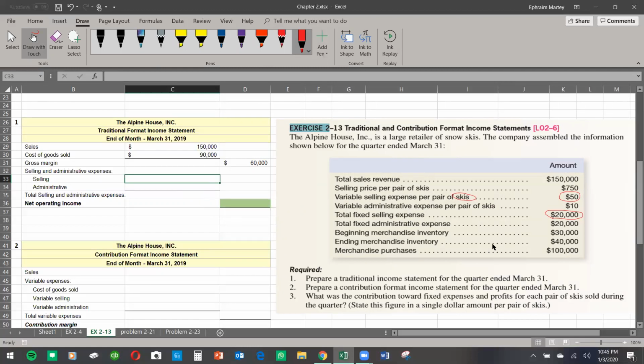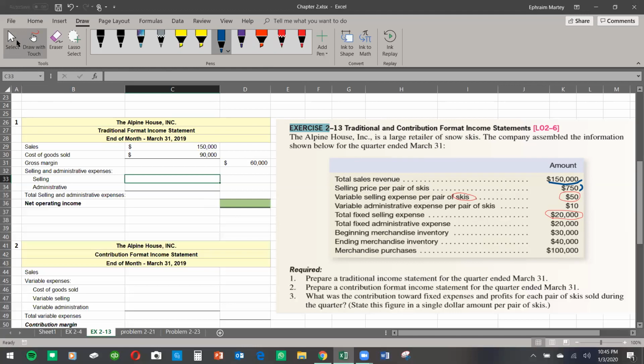This is where you have to find how many units were sold. We don't know the number of units sold, but we can use the total revenue to find it. Now we know that the sales is $150,000, and each unit is $750.